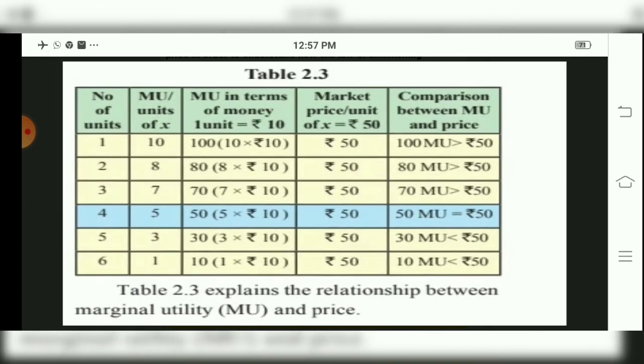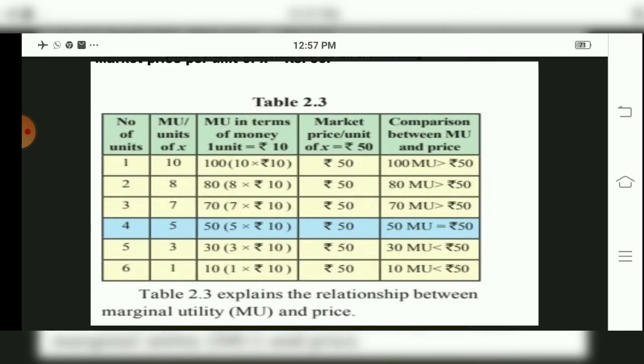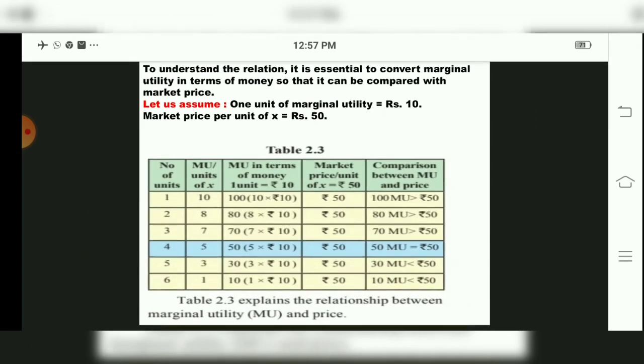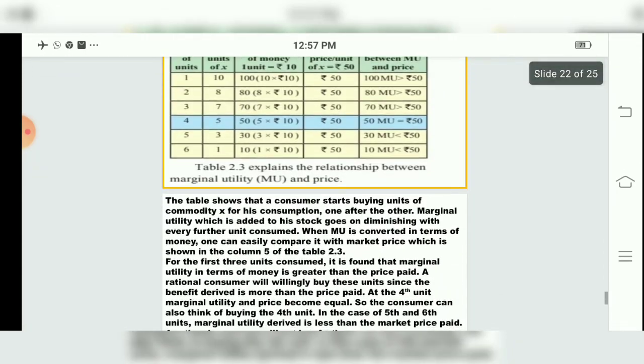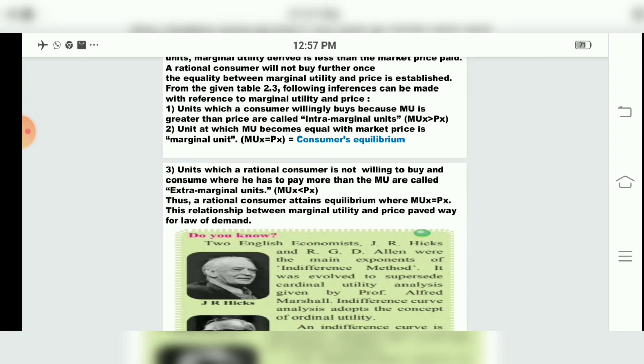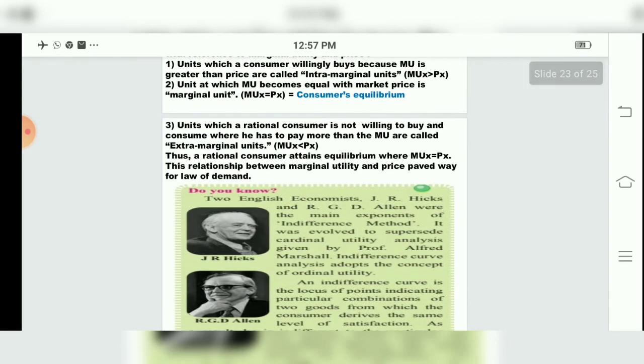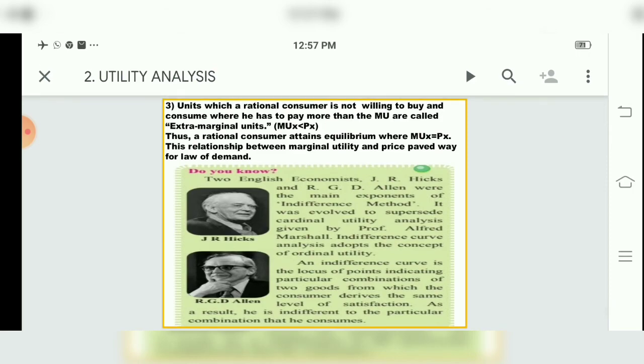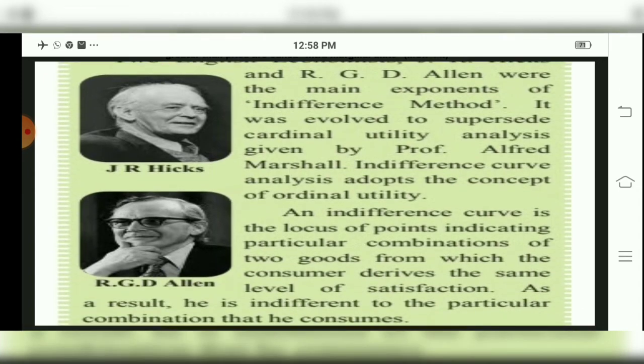So this is the relationship between marginal utility and price, children. We have to study that when marginal utility is equal to price, it is consumer's equilibrium, the point of satisfaction. Now regarding the extra thing given in your textbook, these are two famous economists, children, J.R. Hicks and R.G.D. Allen.